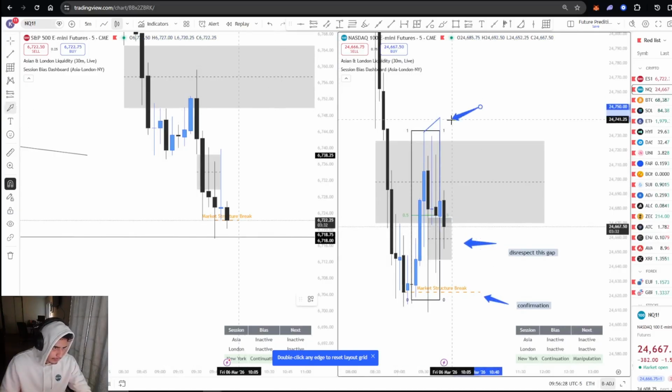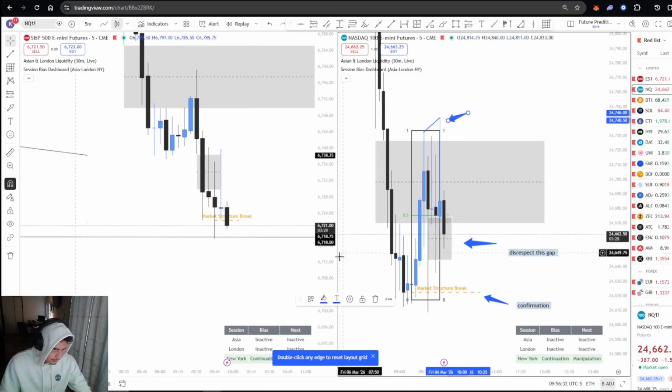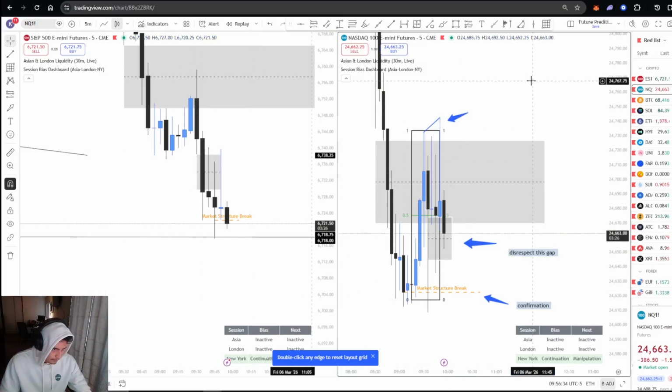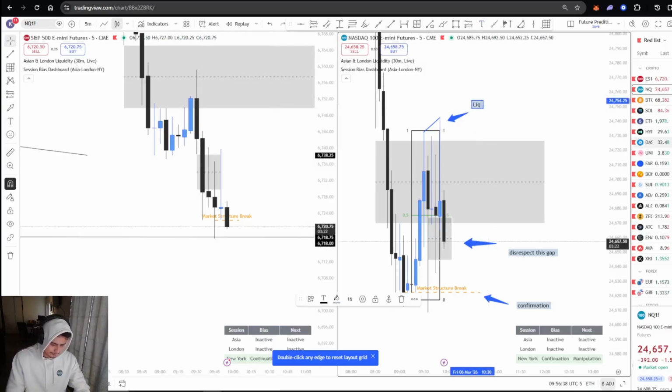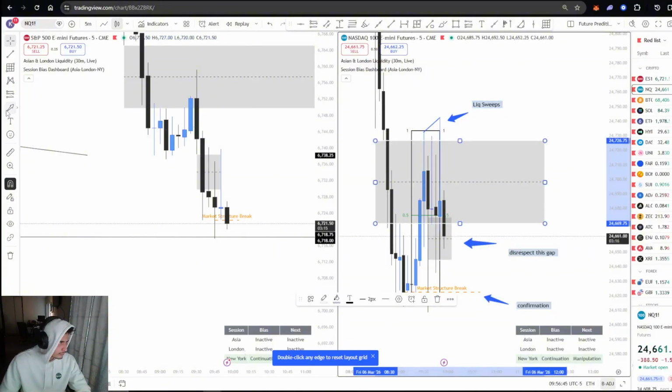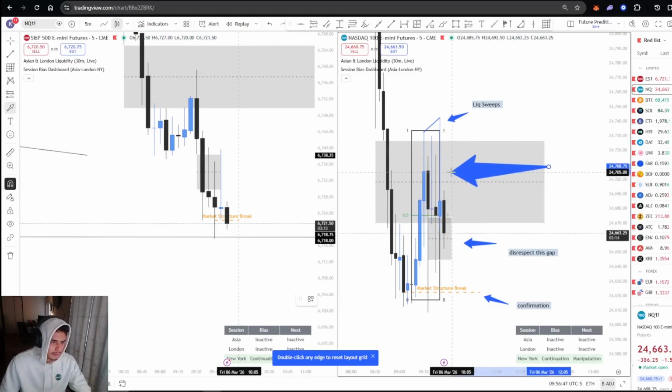We got liquidity sweeps. Respecting. Now, there was a big arrow.